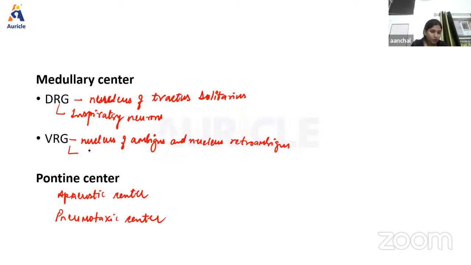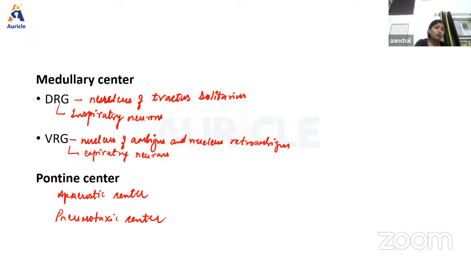Here mostly the expiratory neurons are present. So the ventral respiratory group of neurons are present in nucleus ambiguus and retroambiguus, and these two nuclei are situated in the medulla oblongata, anterior and lateral to the nucleus of tractus solitarius. And usually the expiratory neurons are present in VRG.